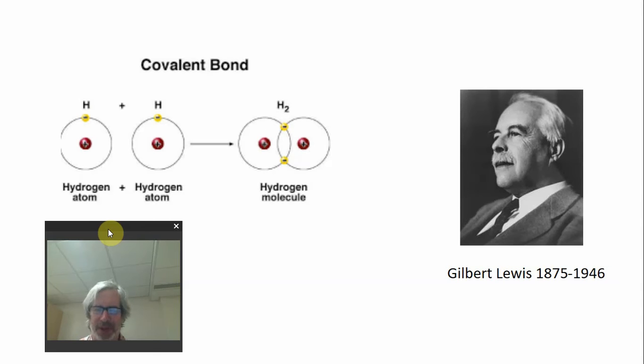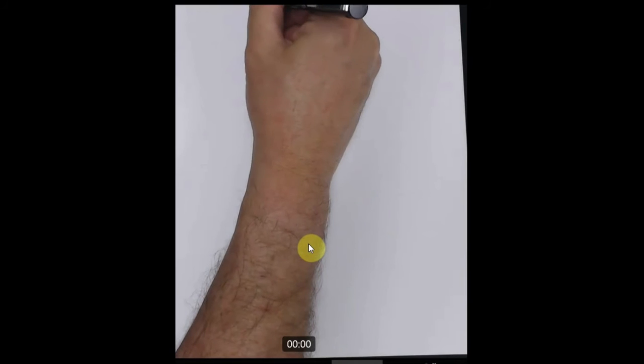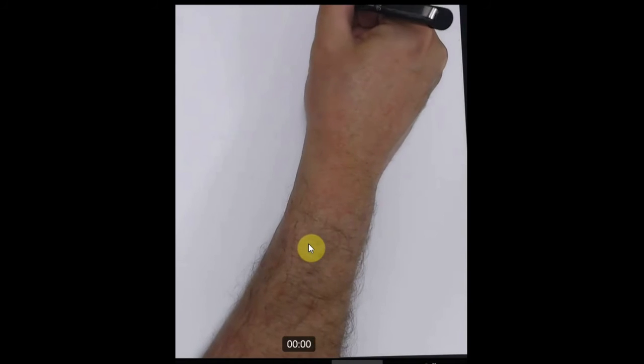Okay, so let's talk about the covalent bond. When we're considering covalent bonding, we have to consider that the electrons involved in the bonds are not oriented with respect to just one nucleus.